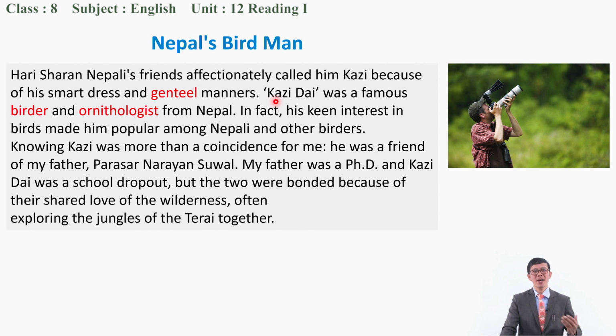So his friends call him Kaji Dai. So this is what you can know about his lovely name, because of his smart dress and of course gentle manner, right?